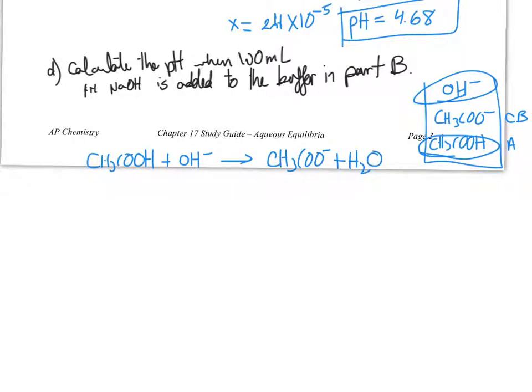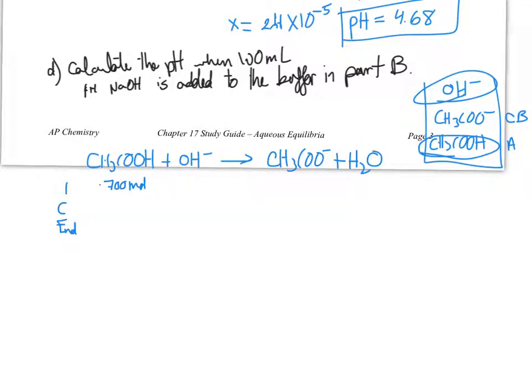Remember, when you are adding an acid or a base to the buffer, first thing you want to do is write out how many moles of each species you had and how many moles you used up. And remember, this is end as opposed to equilibrium. So my acetic acid, I said, is going to be 0.700 moles.